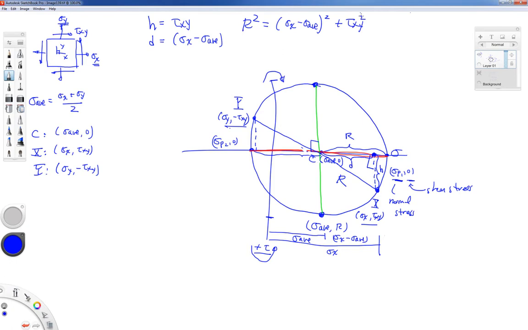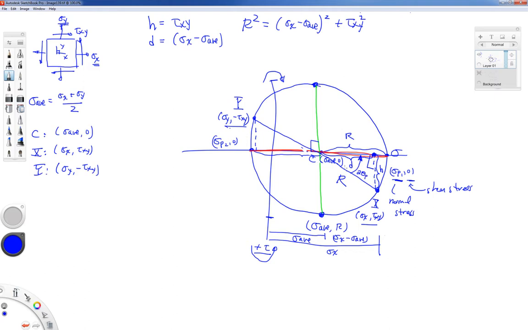Now the other thing that we need to do is figure out the angle theta p to get to the principal stress state. Now remember, one of the things I said about Mohr Circle is every angle in the material corresponds to twice as much on the circle. So this is kind of like the triangle that I had drawn a couple lectures ago, where I had the angle 2 theta p labeled inside of it.